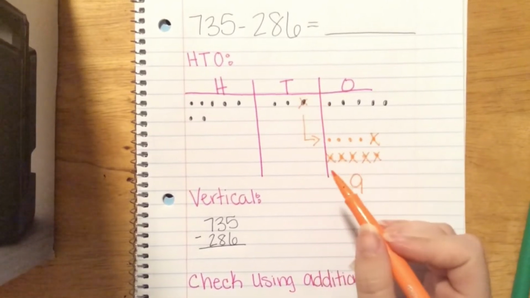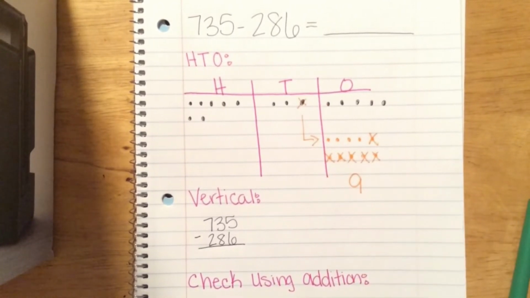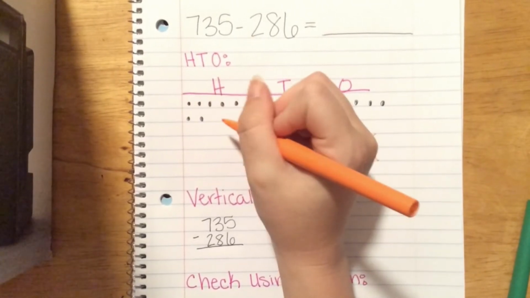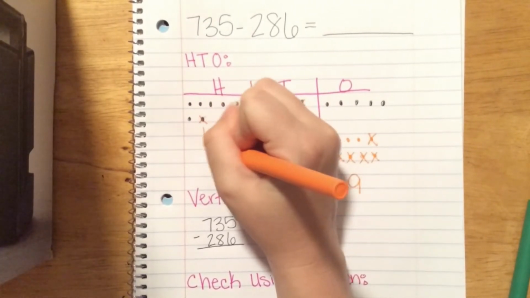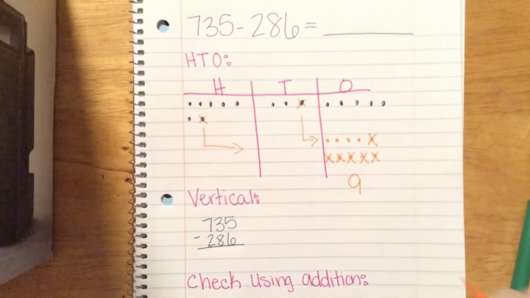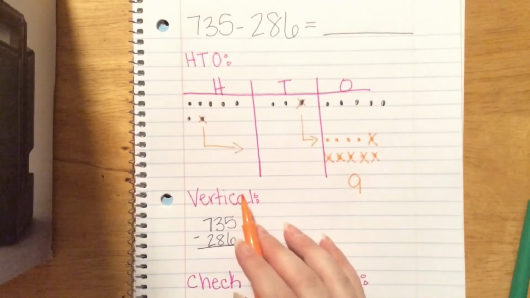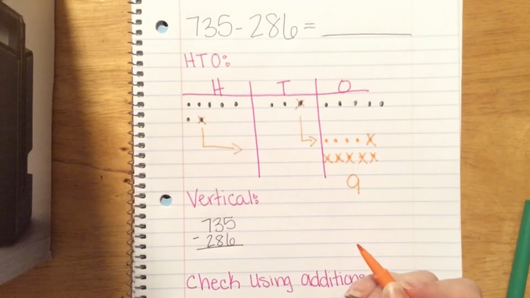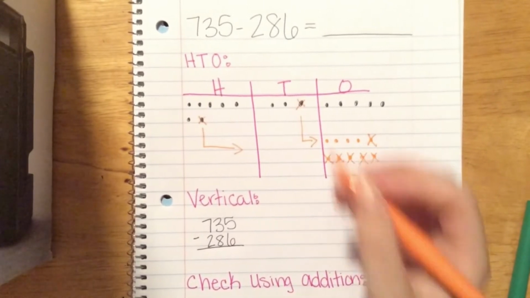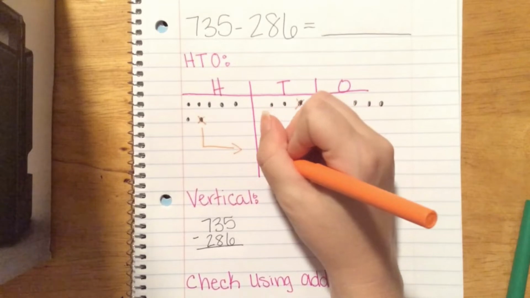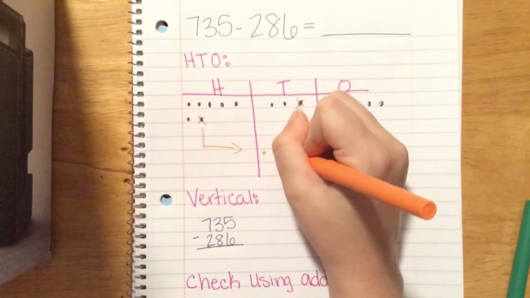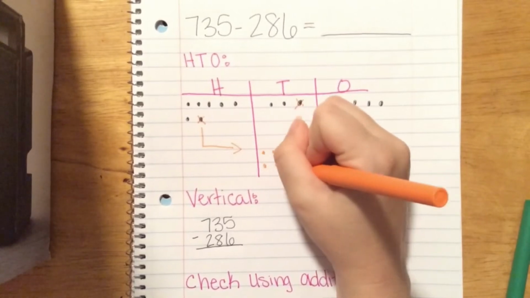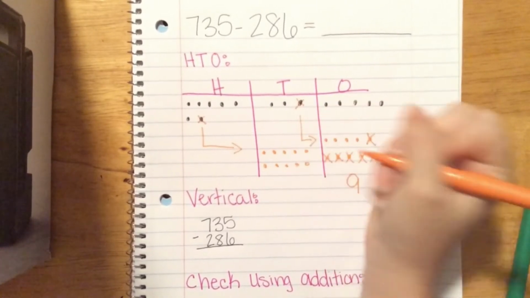We want to take away 8 tens. So what we're going to do is decompose 100. And when you decompose a 10, you get 10 ones. You decompose 100, you get 10 tens. So I'm going to go ahead and get those tens decomposed. 1, 2, 3, 4, 5, 6, 7, 8, 9, 10.